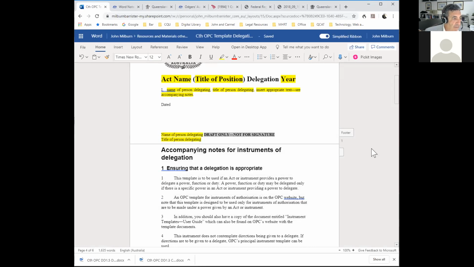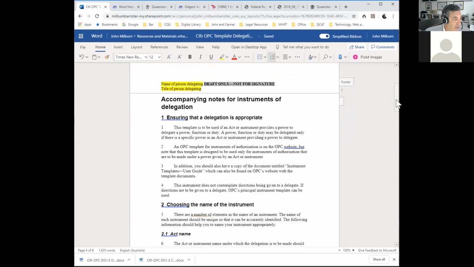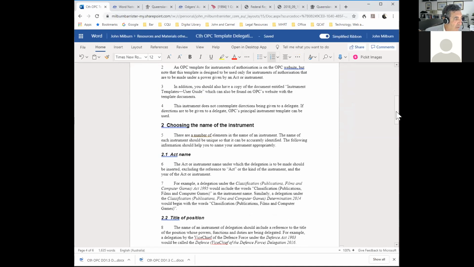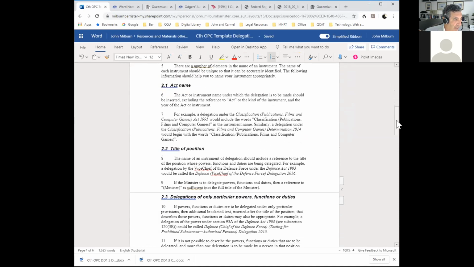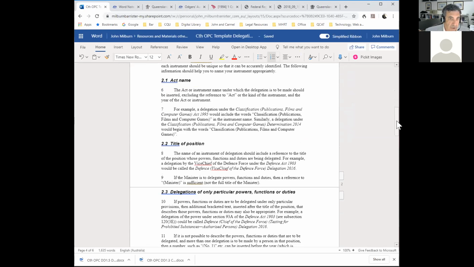Now, a delegation is not generally given to particular persons. And when you're drafting a delegation, such as per this precedent, you would normally do so in one of two general ways. The first is that it would be to individuals holding a particular office or position.